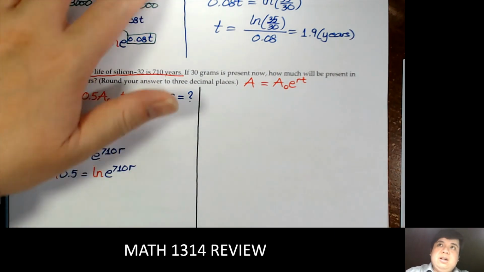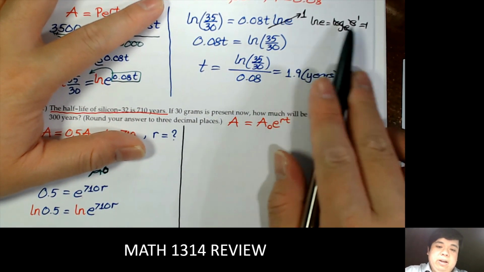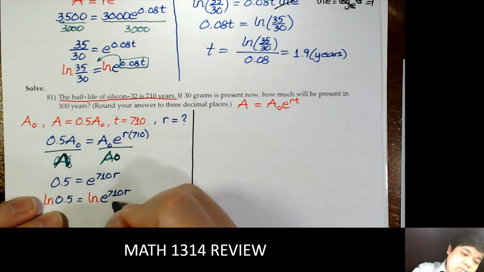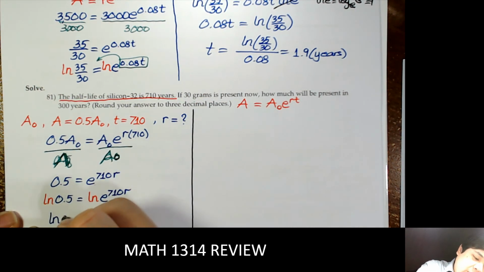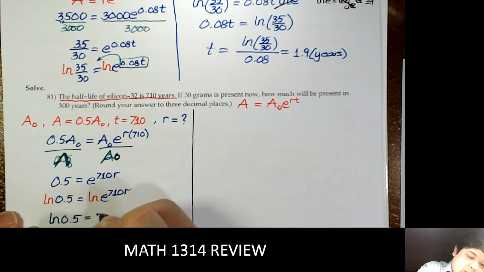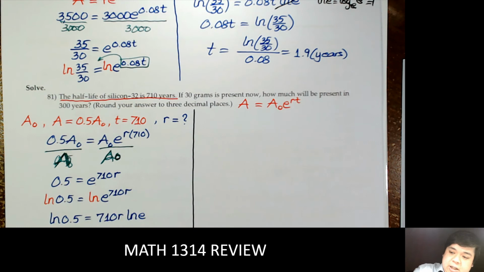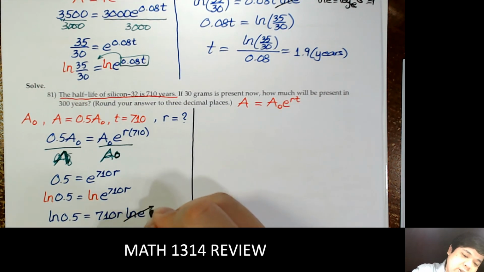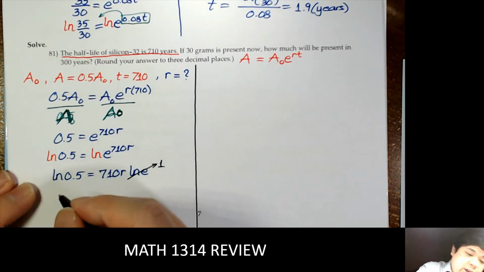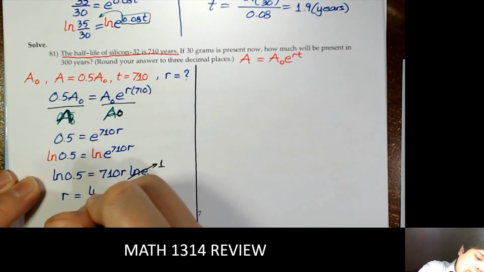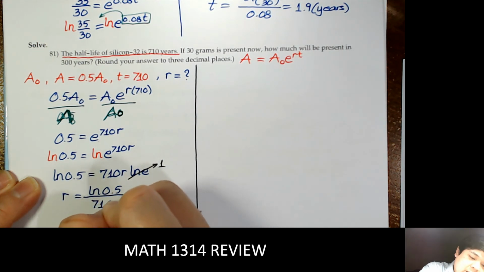And just like the last problem, ln of e is 1, so that pretty much cancels out. But we'll bring the exponent down first. ln 0.5 equal to 710 R. ln of e returns 1. And finally divide by 710. We have R equal to ln of 0.5 divided by 710.